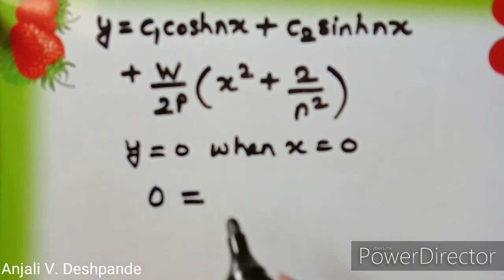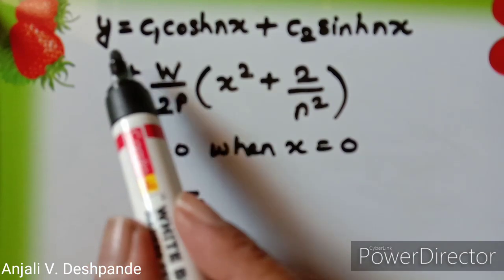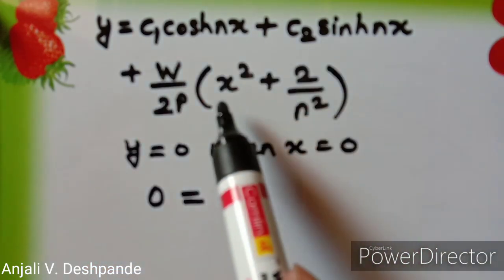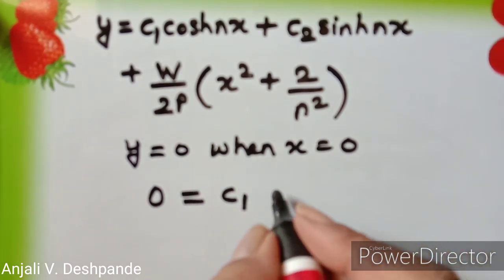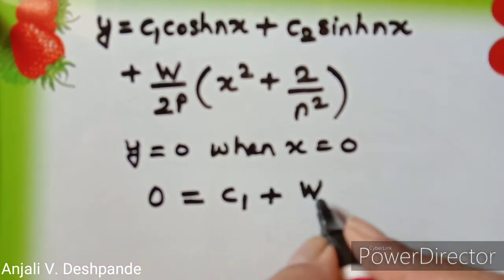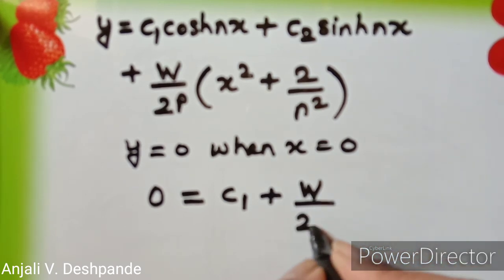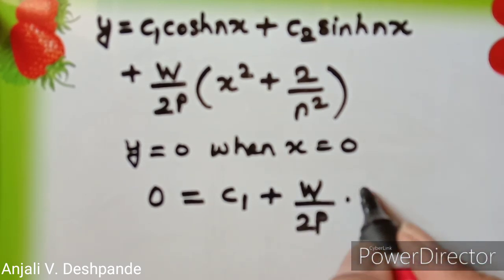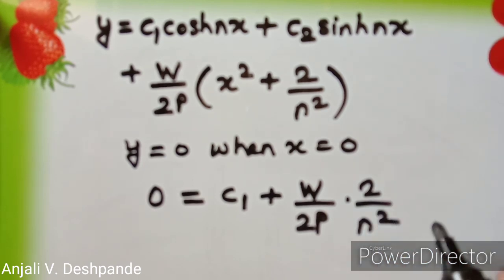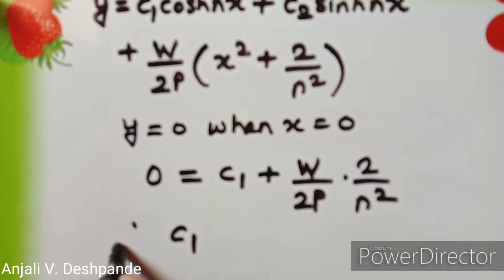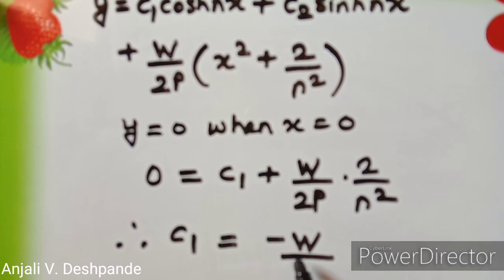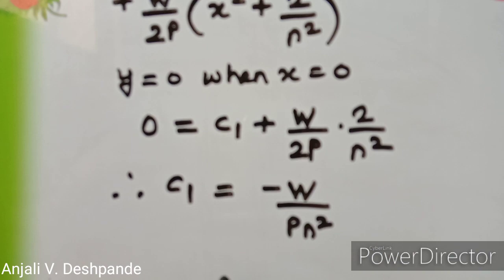So 0 is equal to, we are substituting y as 0 and x as 0 in the right hand side, so this is equal to C1 plus W upon 2p into 2 divided by n square. In other words we are going to get the value of C1. Therefore C1 is equal to minus W upon p n square. This is the value of C1 which we have got.